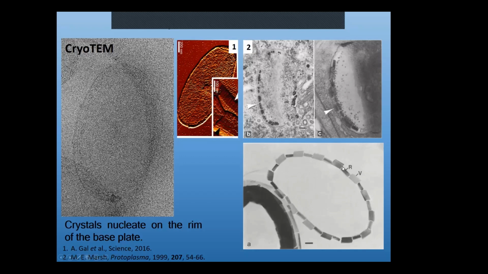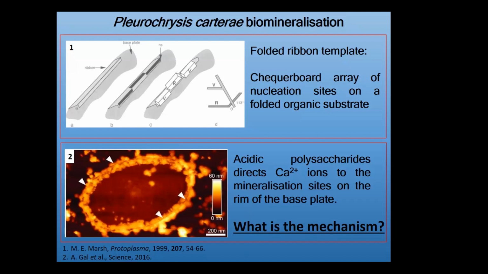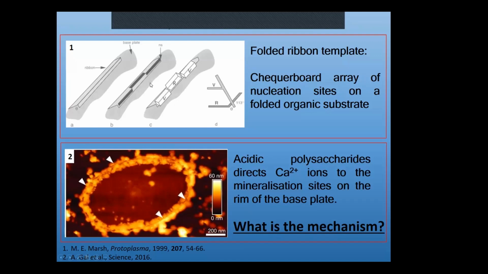Now, one of the biggest questions in the field is how is crystal nucleation controlled? And how do we get crystals with alternating crystallographic orientation? There's a model that was proposed by Mary Marsh together with Jeremy Young. What they propose is that on the rim of the base plate, we have a kind of macromolecular template, whatever that is, we don't know, that is functionalized with nucleation sites.